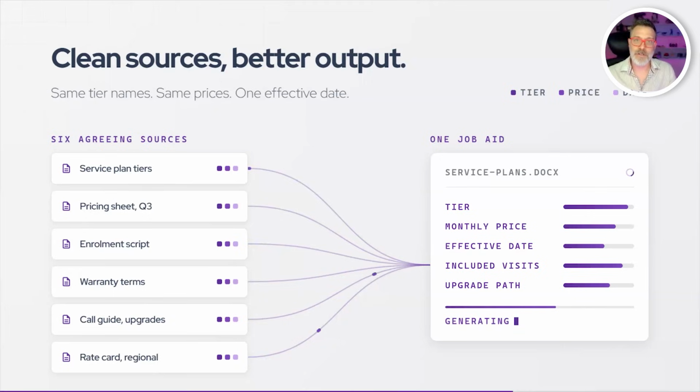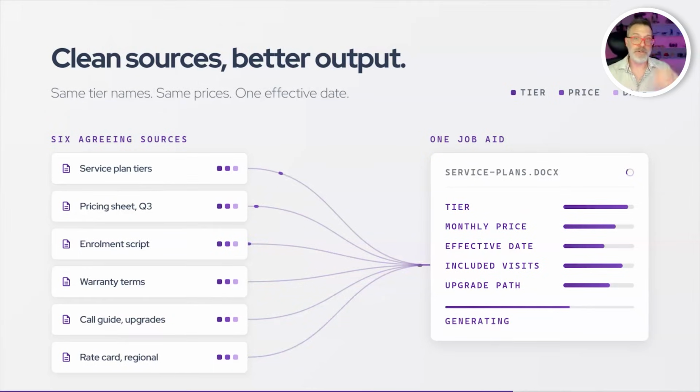Now, here's what to notice when it lands. Everything in it came out of 6 documents that agree with each other. Same tier names, same prices, same effective date. I made that content boring, consistent on purpose, because source consistency is the biggest lever on output quality that has nothing to do with the model.